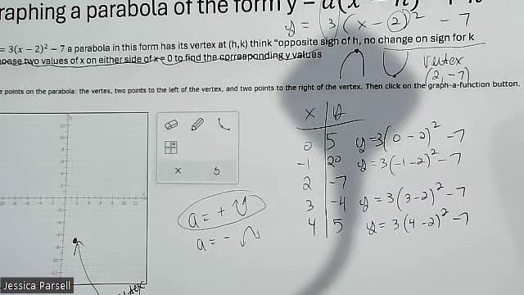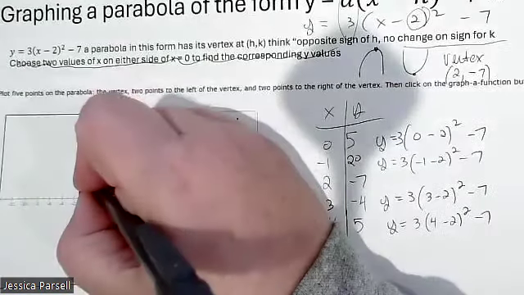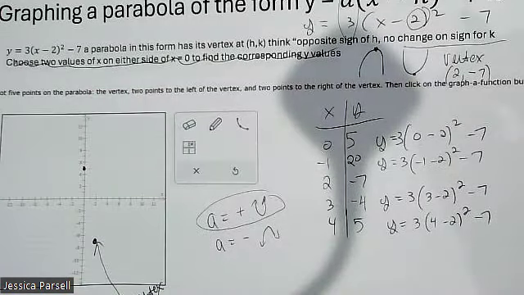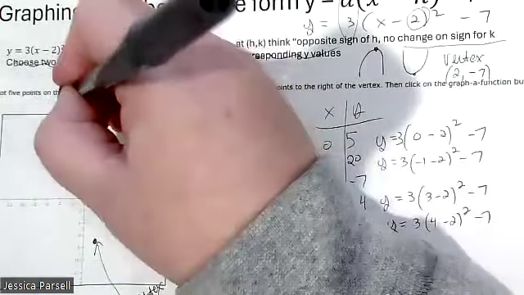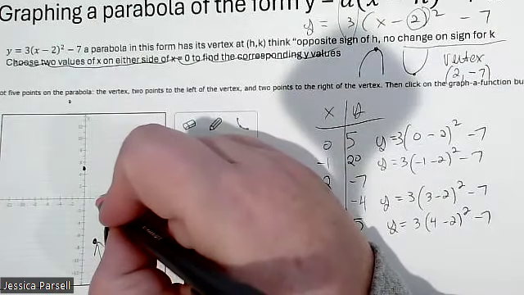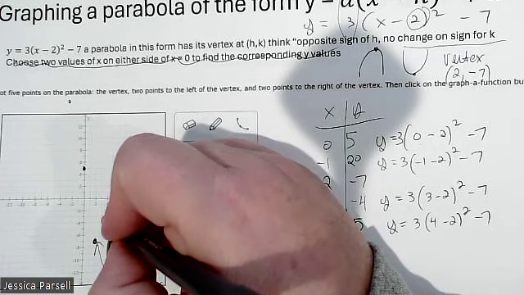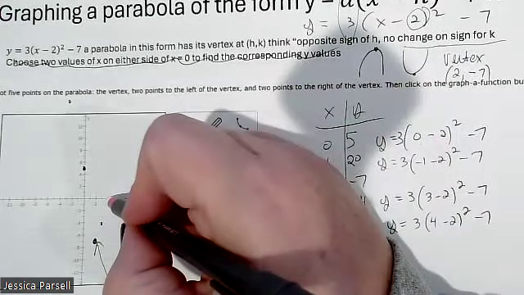All right, let's see how many of these we can actually get on this graph. So 0, 5 is going to be right here. And I can't do -1, 20. It's going to be somewhere up there. 3, -4 here, and 4, 5.